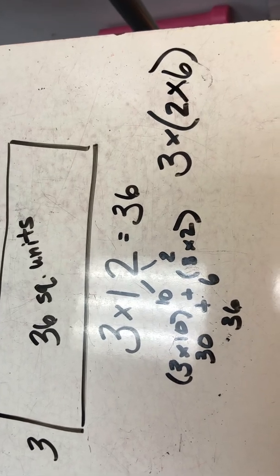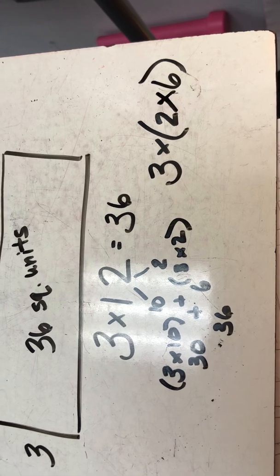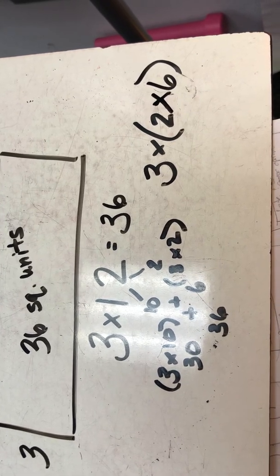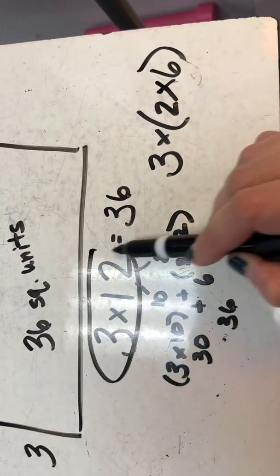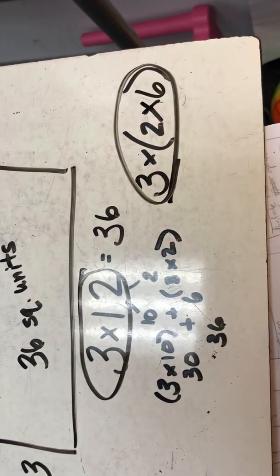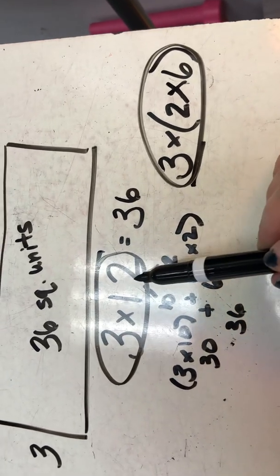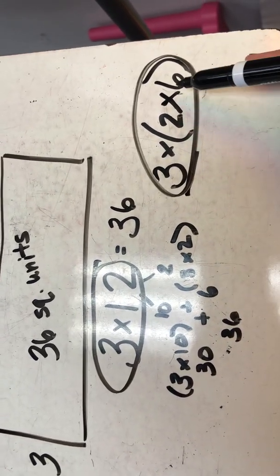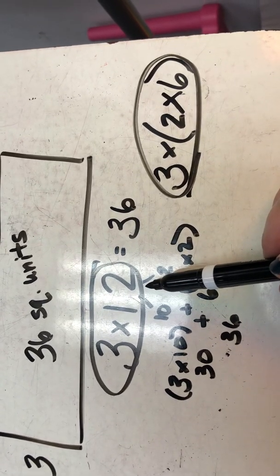Why is this expression equal to the one you just wrote? Pause the video, come up with an answer. I'm talking about this expression right here. Why is this equal to it? And you should see that the answer is because I just took 12 and I broke it up into its factors. 2 times 6, that's the same thing as 12, okay?